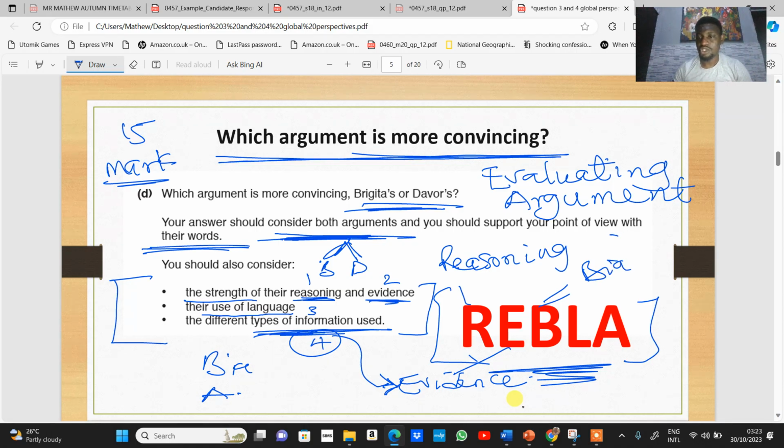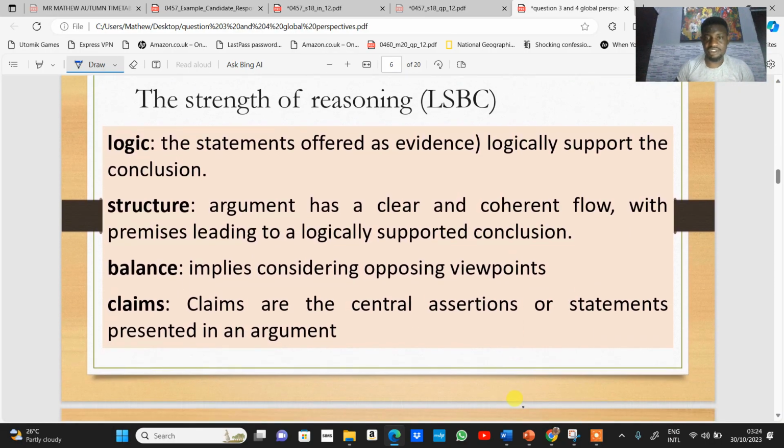Are they looking at local, economic, political, or national interest? Those are the sources of bias. Then you look at their use of language: the tone of the language and the clarity of the language. Then you look at the acceptability. Which is more acceptable? When writing the acceptability, you do that in your conclusion after you've looked at both arguments using those other criteria. So let me explain these criteria further.